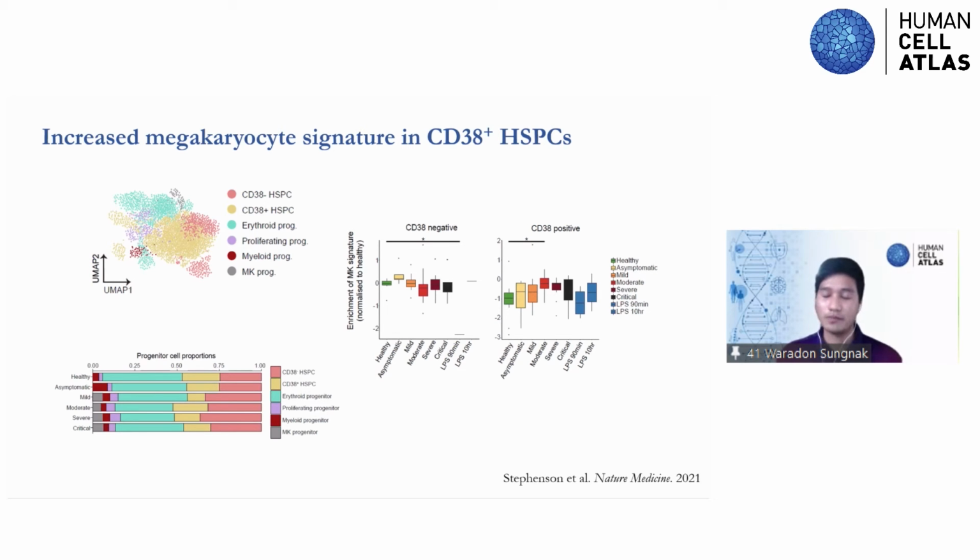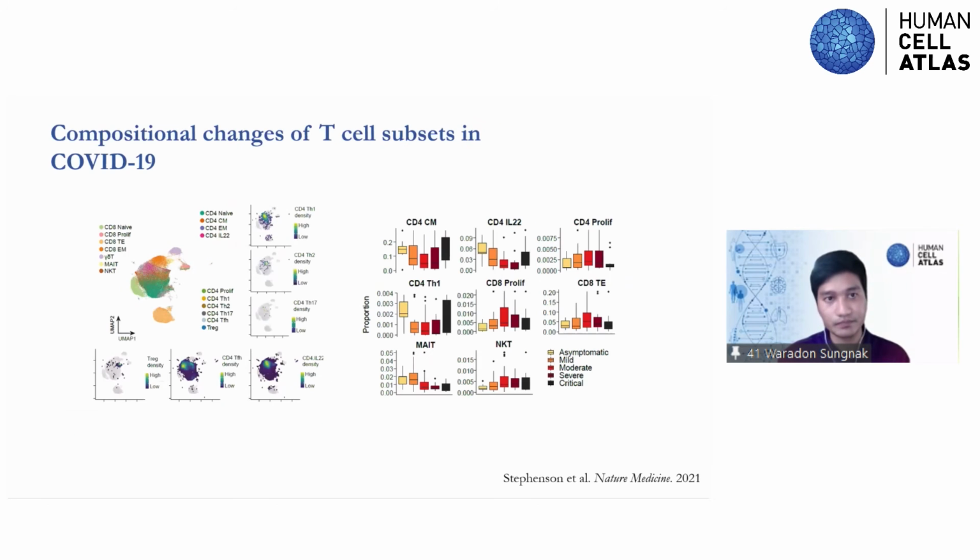So both of them pointed in the direction that in COVID-19 donors, we have differentiation of the blood cells into megakaryocyte and platelet potential, as well as we see more platelet activation. And this could explain some of the phenotypes, including thrombosis, which we see in COVID-19 patients.